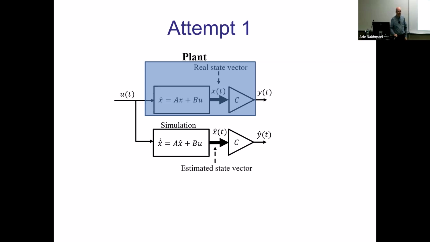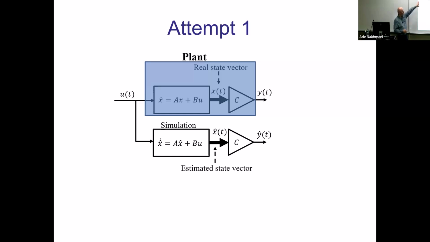You hope, but it will not. You want the estimated X to be the same as the real X, and you want the estimated Y to be the same as the real Y, using the same matrices and the same kind of solving of equations, right?